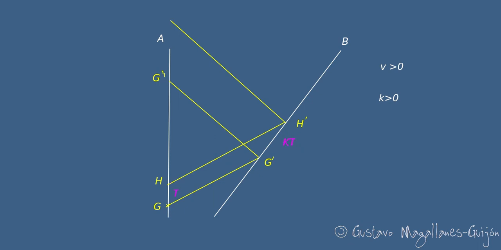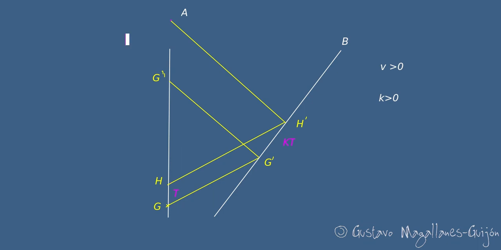This k-factor is greater than 0, and when this interval of time is represented in the world line of the observer A, we have that the interval of time is longer too.